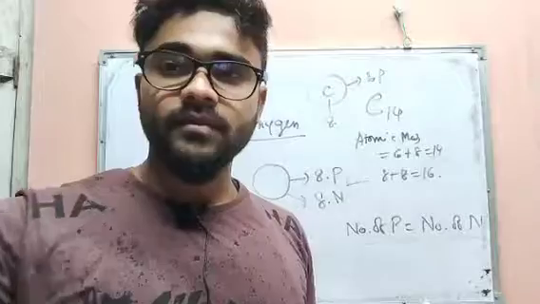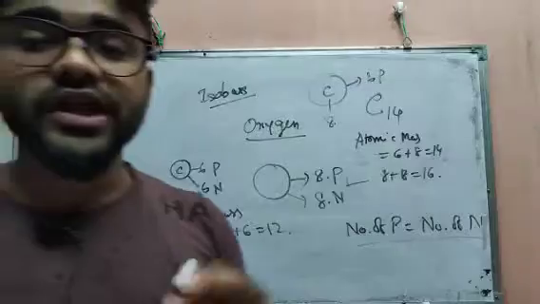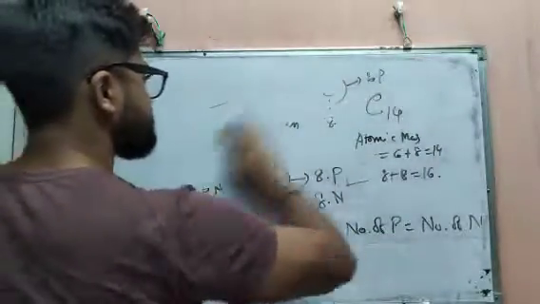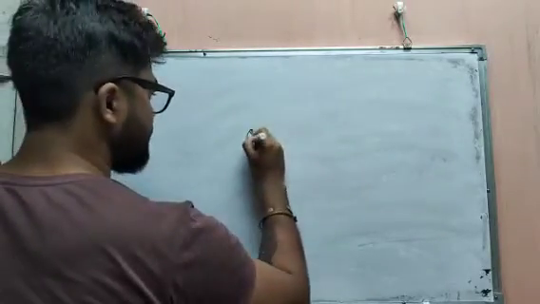Now we have another thing to discuss: how to represent an atom with its atomic number and atomic mass. Suppose we are considering carbon.